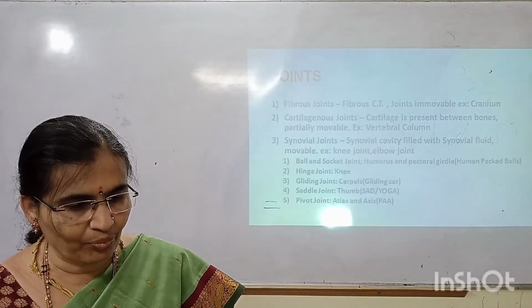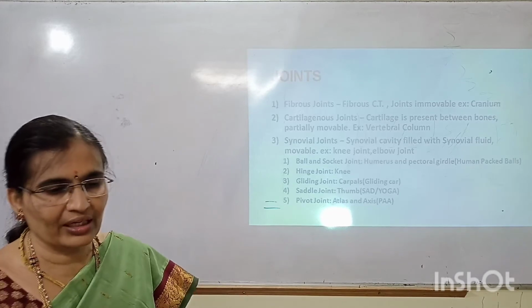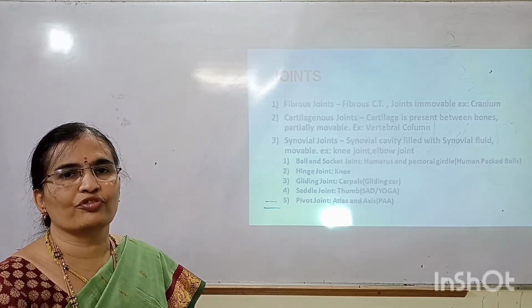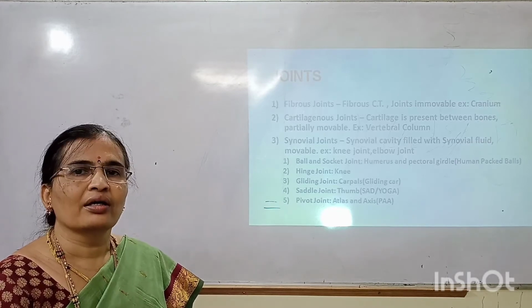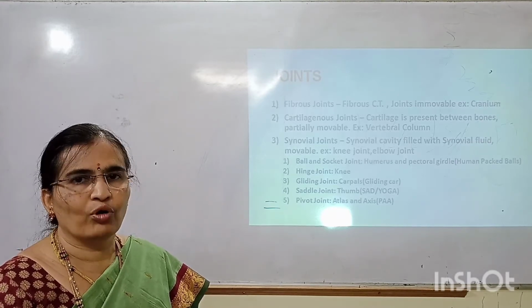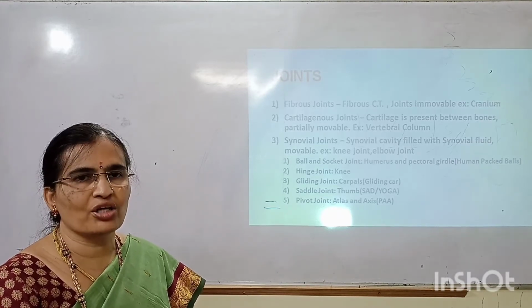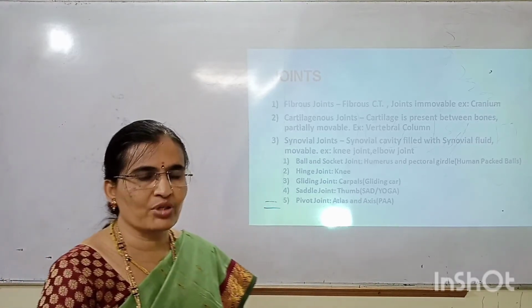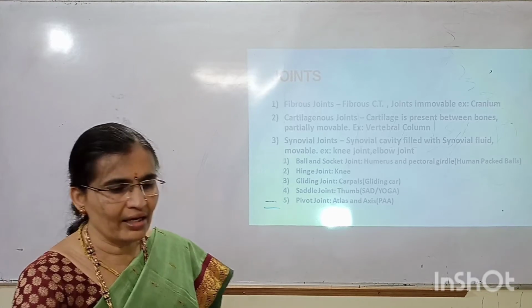Next we have to proceed with joints. Different kinds of joints are there which provide movability, because of which only we can move, we can work. So the different types of joints are there. Let us see one by one.